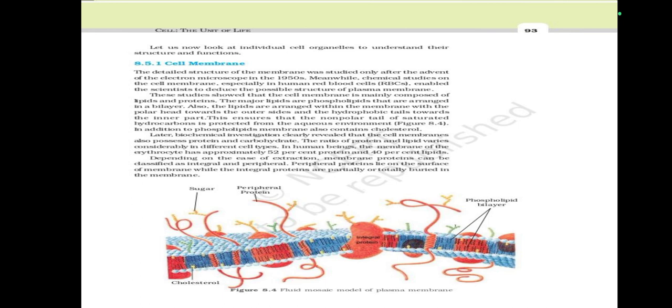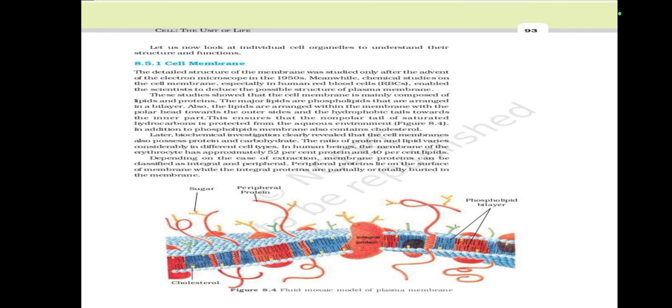The ratio of protein and lipid varies considerably in different cell types. In human beings, the membrane of the erythrocytes has approximately 52% protein and 40% lipids.